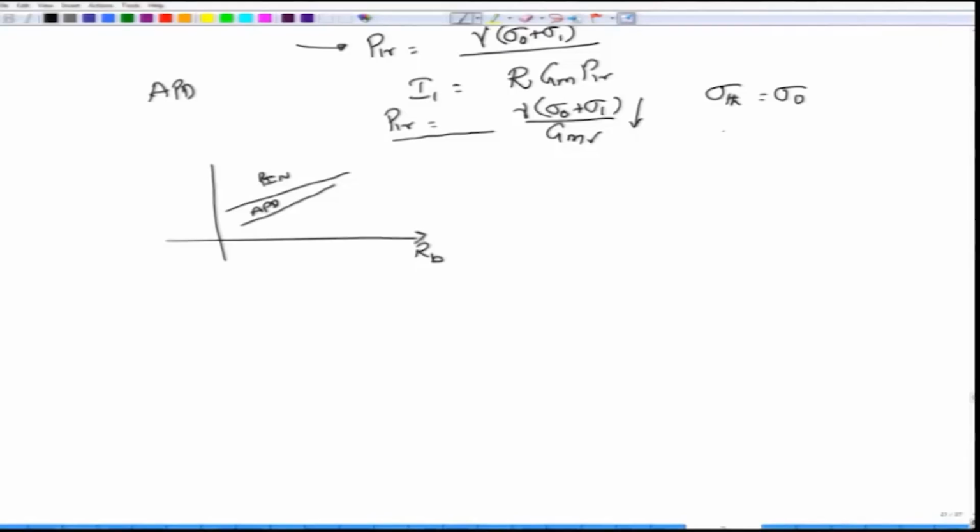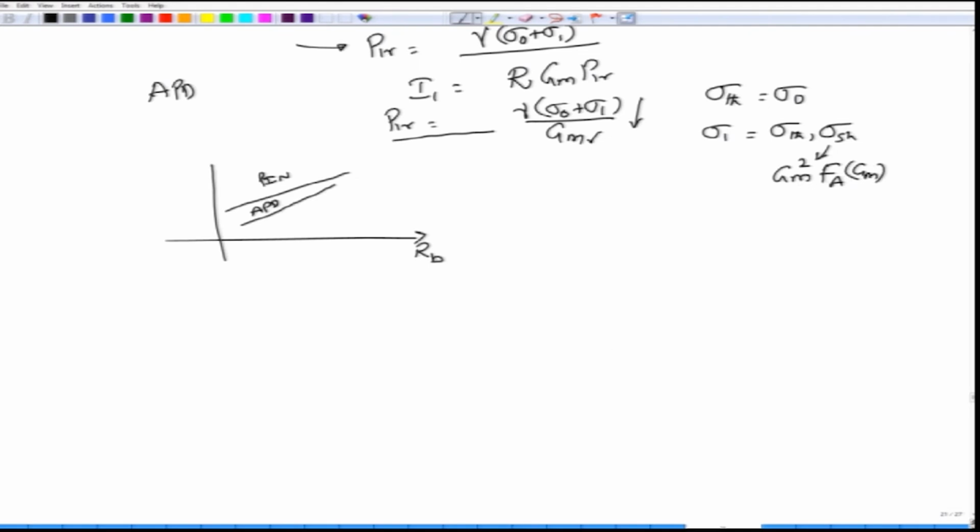However, with APD, what would be the noise sources? Well, there is thermal noise, which you will anyway get when you have sigma 0, but when you have sigma 1, that is when you transmit bit 1, you get thermal noise as well as shot noise, but this shot noise gets multiplied by a certain factor. So, there is the Gm square Fa of Gm, where Fa is the noise factor or the excess noise factor of the photocurrent.